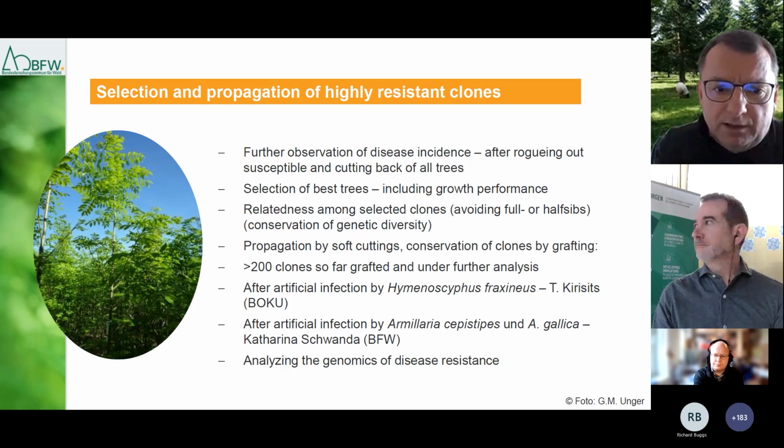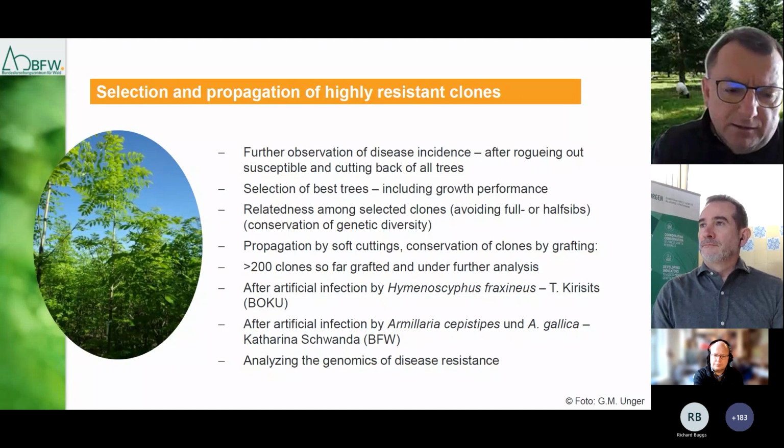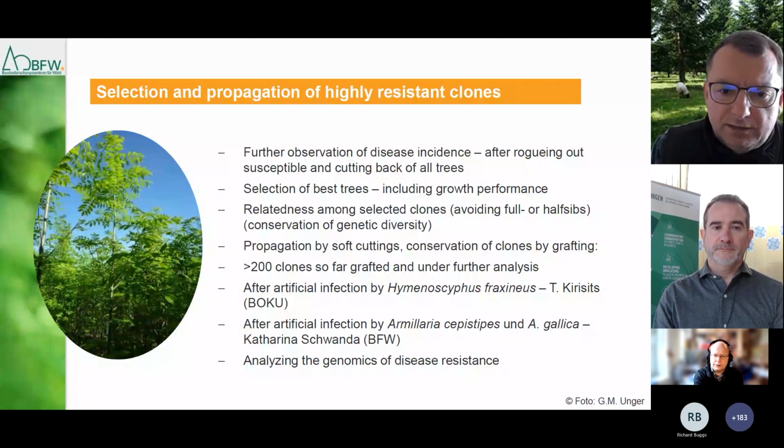So at the moment we are propagating these clones by soft cuttings in summer and by grafting in the coming weeks. So far, we have grafted about 200 clones, and these are now ready for further analysis.